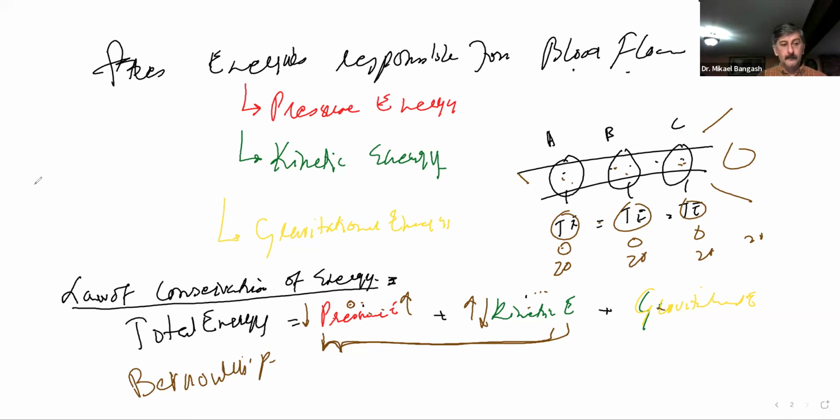Ups in your pressure energy will mean you have downs in the kinetic energy, or vice versa. If there are ups in the kinetic energy, that will mean we will have downs in the pressure energy.